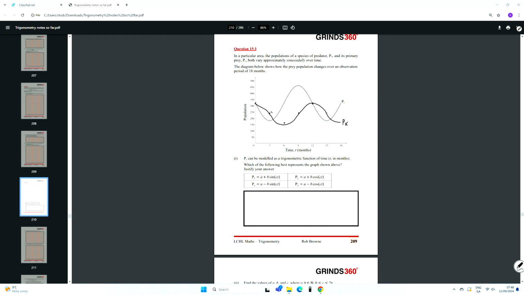So that essentially means this bit here, that bit there and that bit there. They're the two places where the predator population exceeds the prey population.